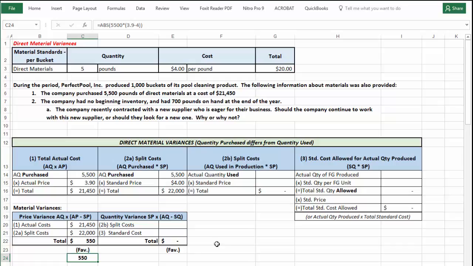Okay, so moving on to the quantity variance. The quantity variance is simply the difference between the actual quantity used and the total quantity we were allowed to use for the actual quantity we produced, and we state that in terms of the standard price.